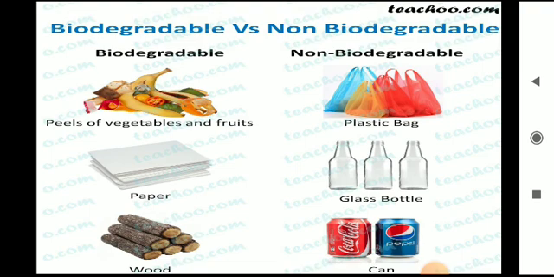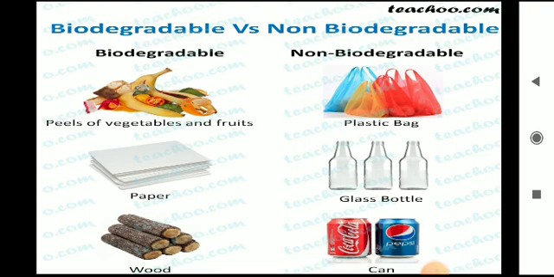I had explained earlier what is biodegradable waste. Biodegradable waste is that which can break down into simpler substances. Okay? And on the other hand, what is non-biodegradable waste? Non-biodegradable waste is that which cannot be broken down into simpler substances. Okay? They can only be recycled, or sometimes cannot be recycled also, right?